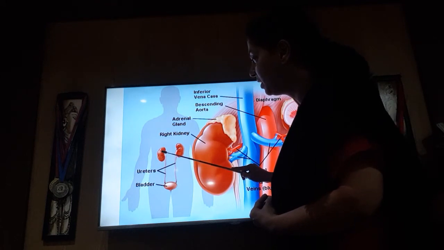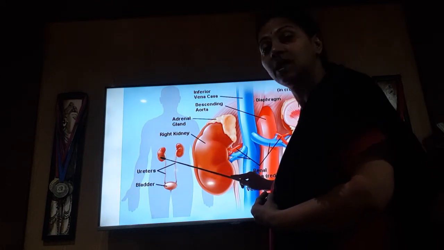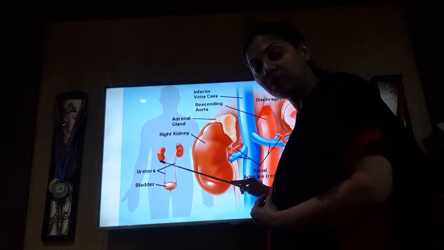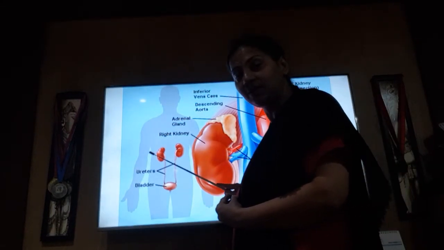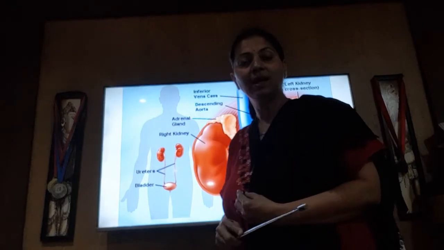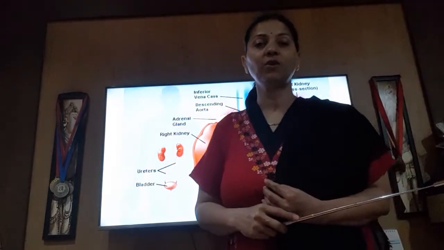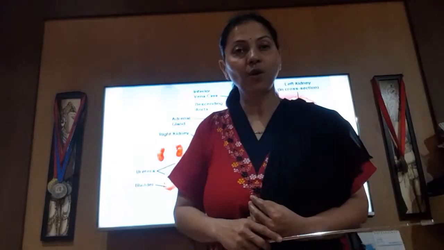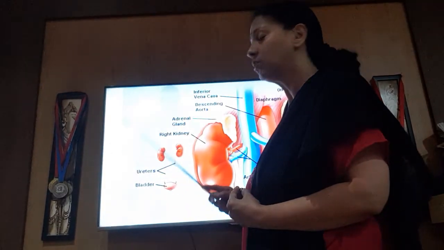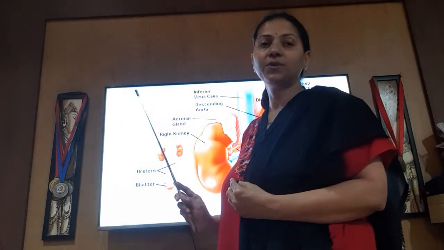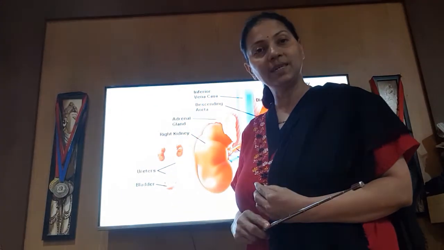Then the intermediate area to quadratus lumborum, of the lumbar region, isn't it? And the outer is transversus abdominis. Transversus abdominis is one of the muscles forming the anterior abdominal wall. It is going back like this. Okay. So these 4 muscles are related to the posterior surface of the kidney.